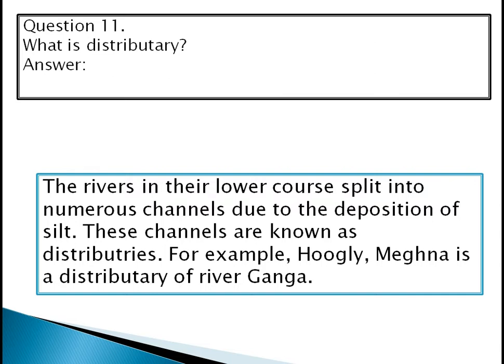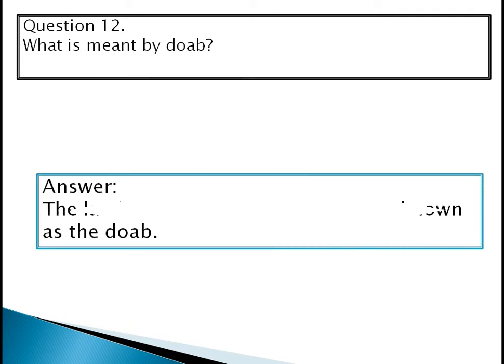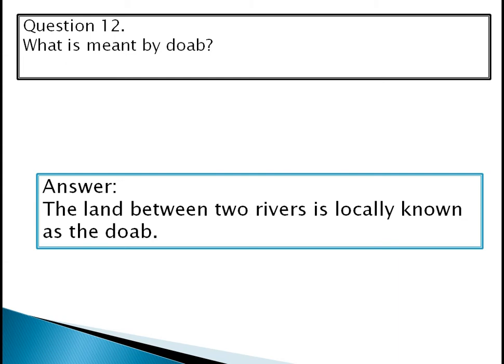Next, question number 12. What is meant by Doab? Let's check the answer. The land between the 2 rivers is locally known as Doab.